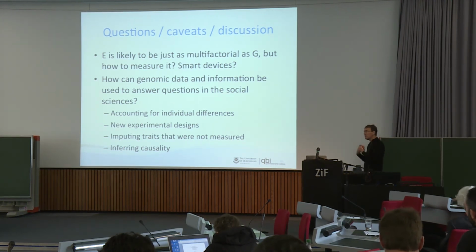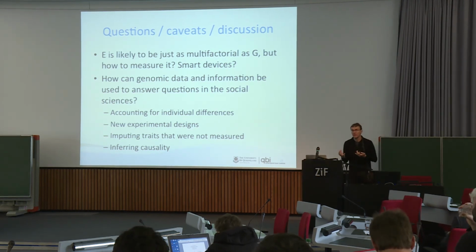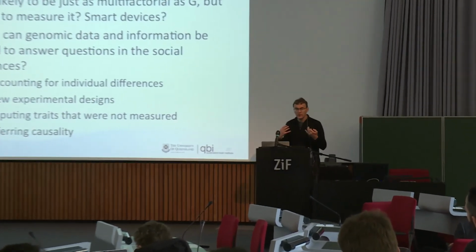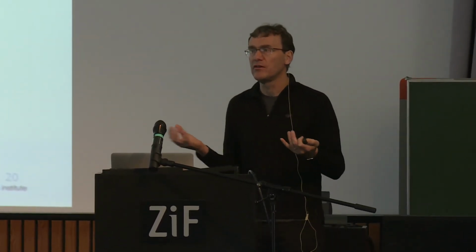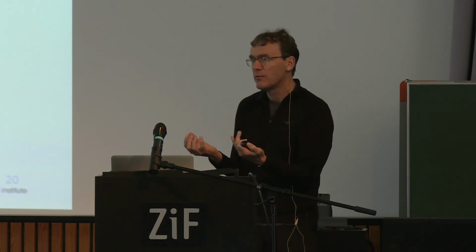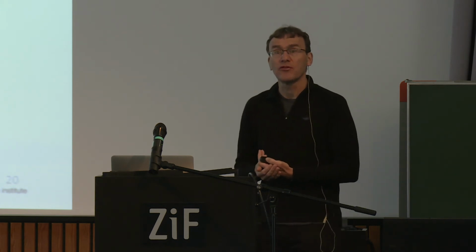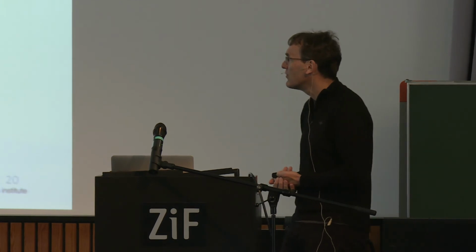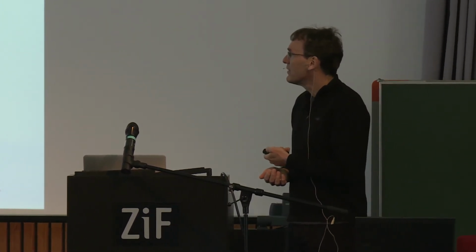If in your experiment you are interested in, say, treatment effects or differences between two groups, and you have a DNA sample on those individuals, you can account for some of the individual differences already. So you actually have a more powerful experiment if you adjust for the individual differences that you know from outside information explain some of the variation in your experiment. That's kind of mundane.